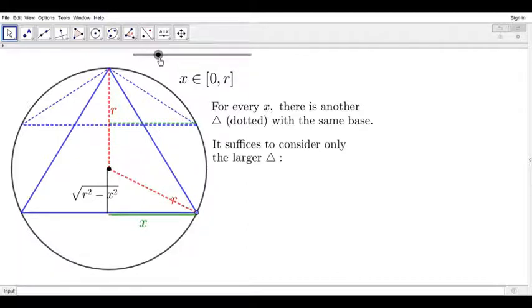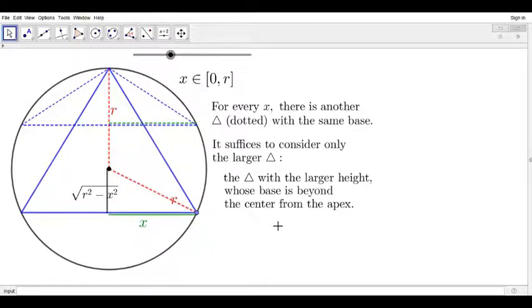So it's fine to consider only the larger triangle in terms of area, but what would that mean? Well, the triangle with the larger area in each twin pair would have to be the triangle with the longer altitude, which means that the base would have to be lower than the center, as you can see here. All right.